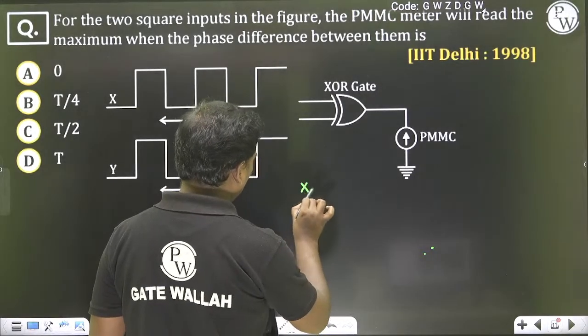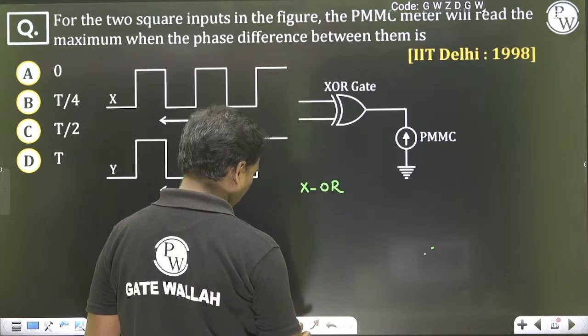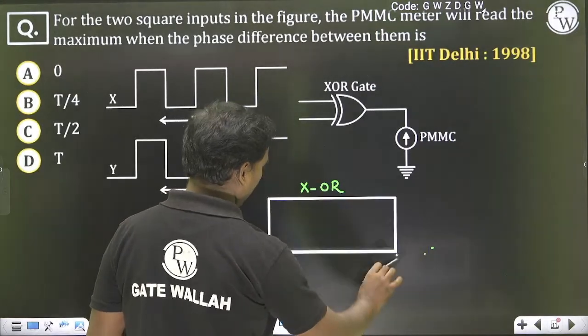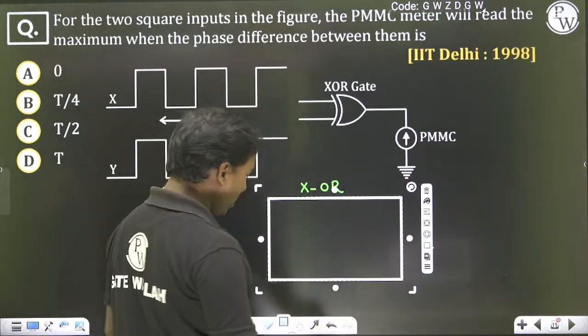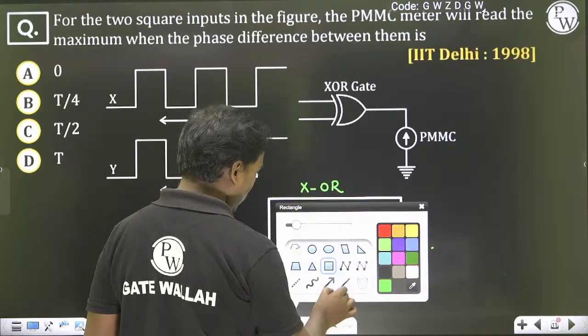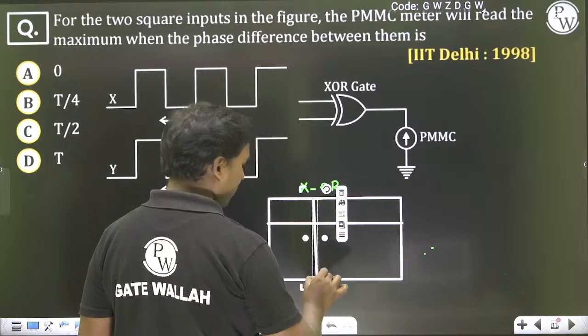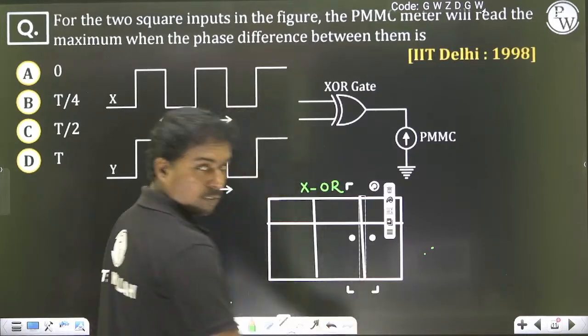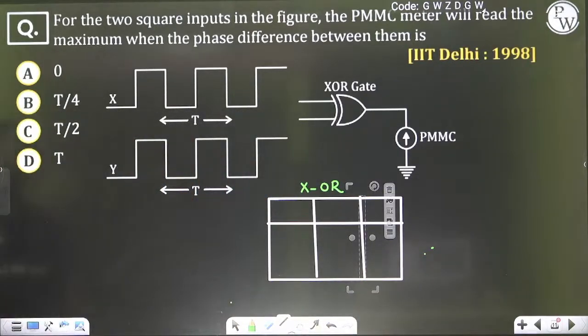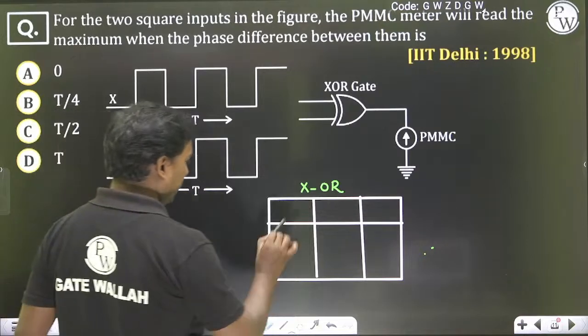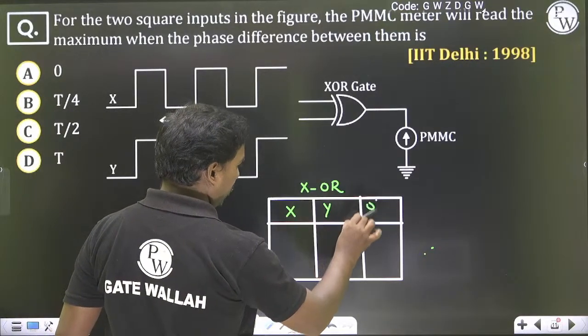If you see the XOR gate truth table, let us take inputs X and Y, and this is the output.